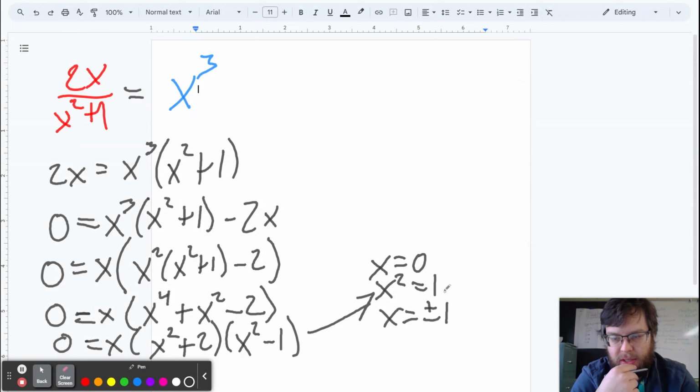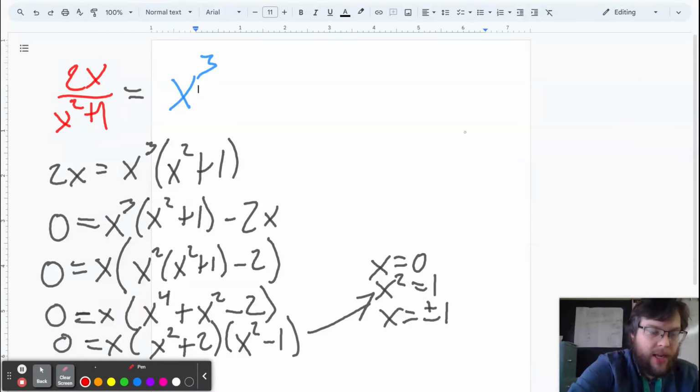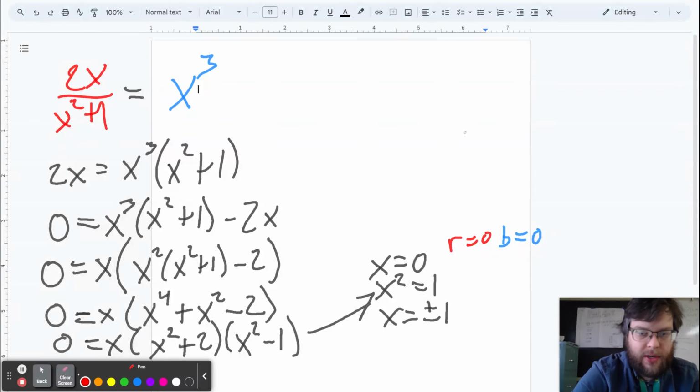I'm kind of suspicious of three different answers here. If I plug in x equals 0, I can see that the red value is equal to 0 and the blue value is equal to 0. So that one checks out. Let's try x equals 1. The red value is 2 over 2, and the blue value is also equal to 1.